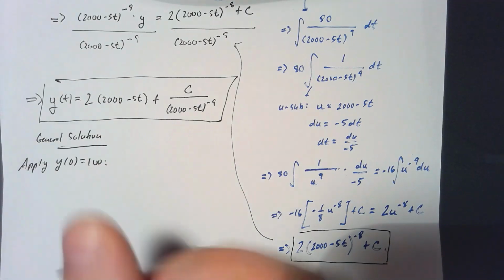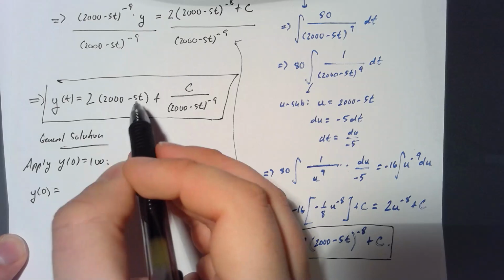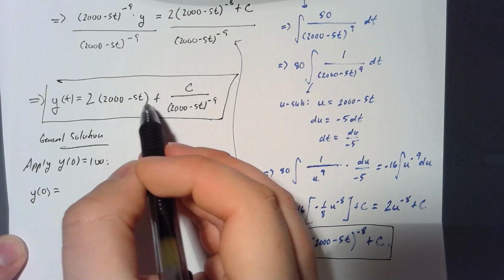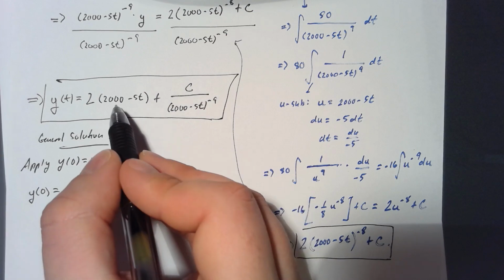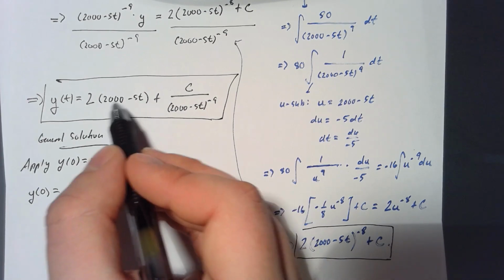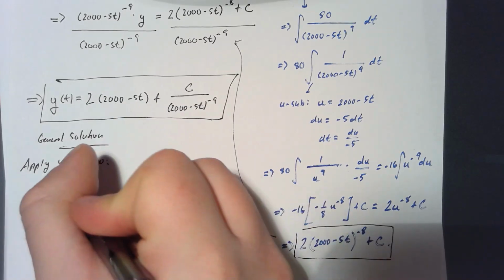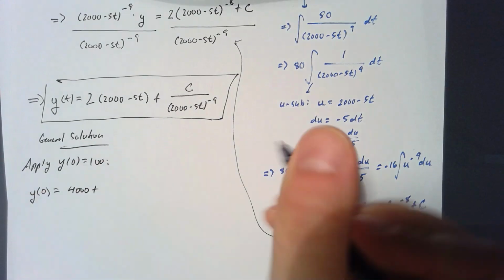So when I y at 0, so plug in 0 here for t, so minus, I'm going to get in this first piece right here. Well, that's going to be minus 5 times 0, which is 0. So 2,000 minus 0, it's 2,000 times 2, which is 4,000, plus what?